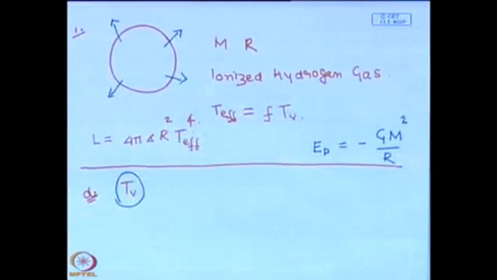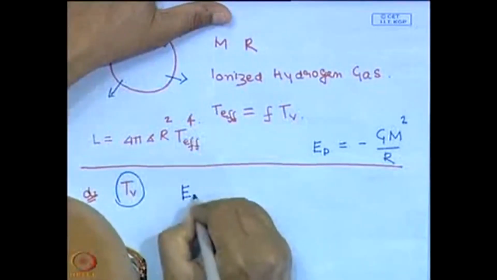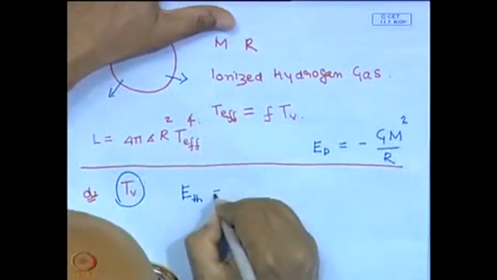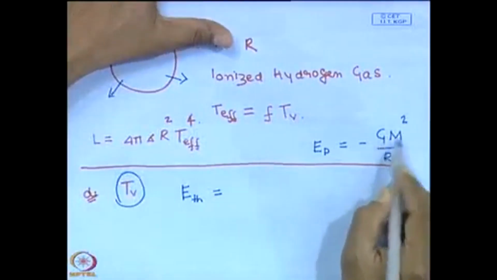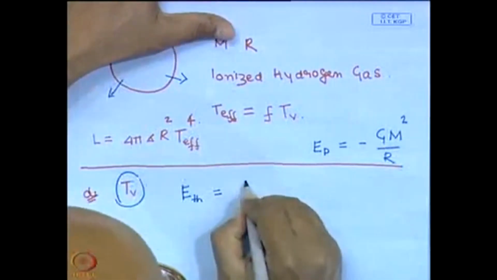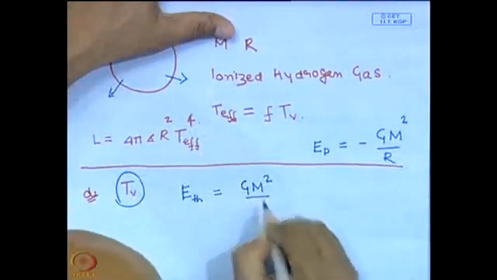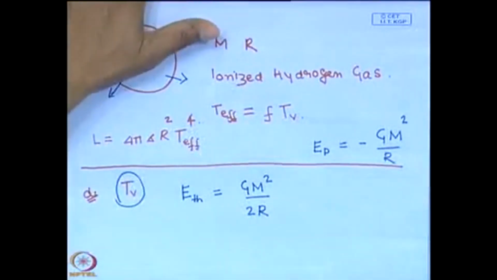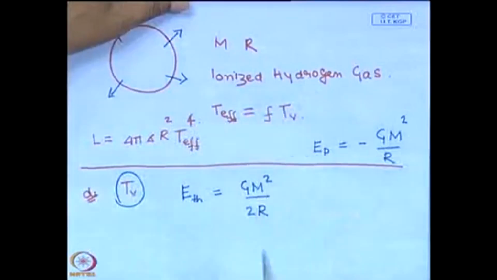Okay. So, we know that in virial equilibrium, the kinetic energy here is essentially the thermal energy E TH. So, this is going to be equal to half of this value. So, half of this value means it is going to be G m square by 2r. And this is an ideal gas, ionized hydrogen.